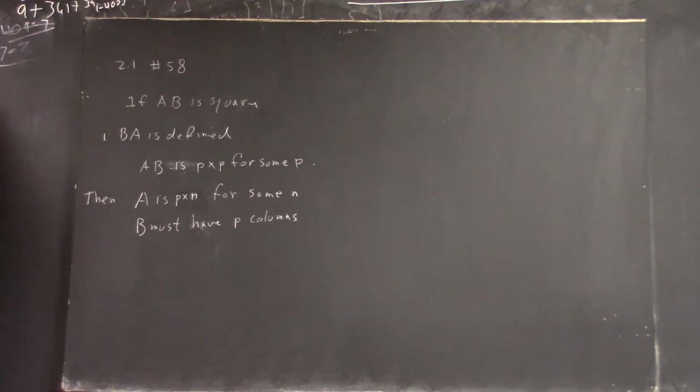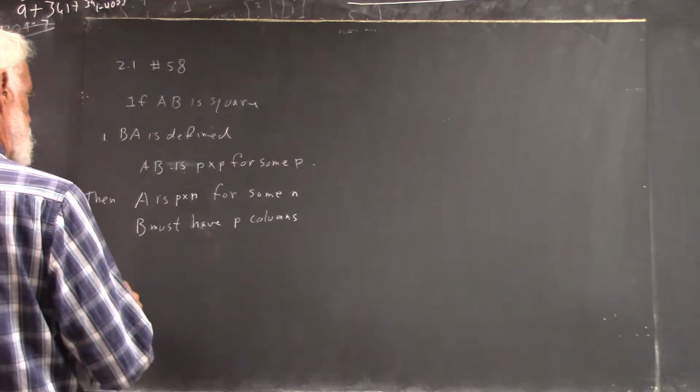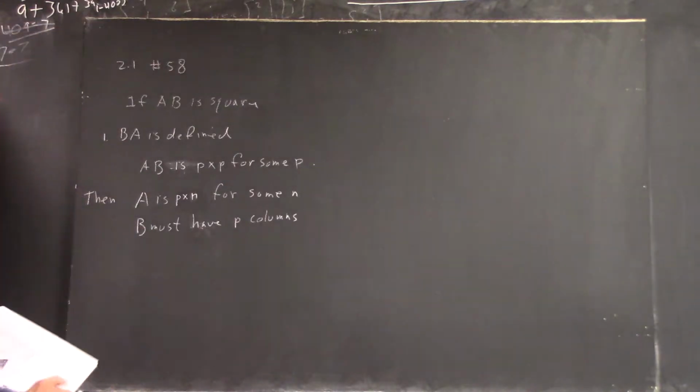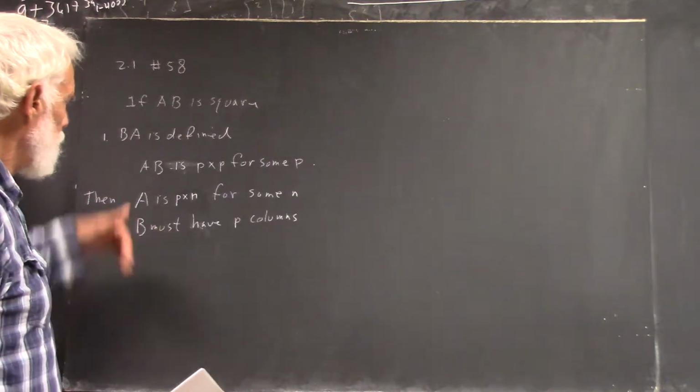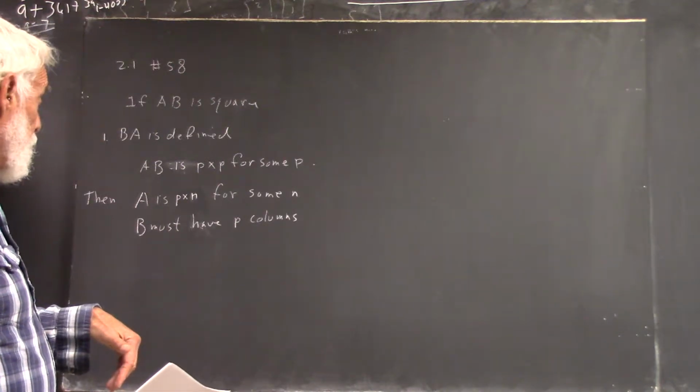Okay? Now, it means you've got a matrix here with P rows and some number of columns, right? Okay?